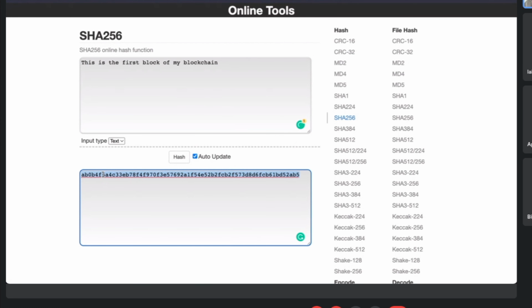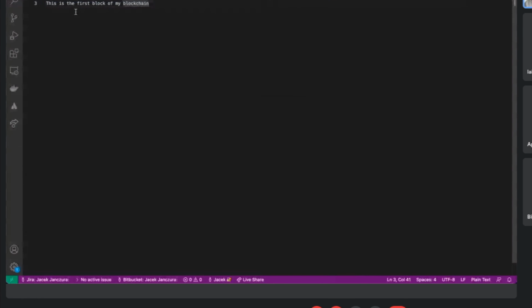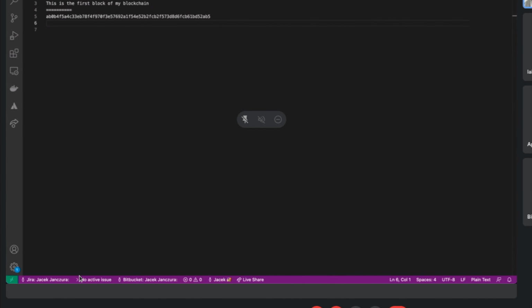So let's take that hash and let's create our first block. So this is our first block. In the second block, let's add some string. Guys, I need some example. Type something in the chat, whatever we can use to create a blockchain.